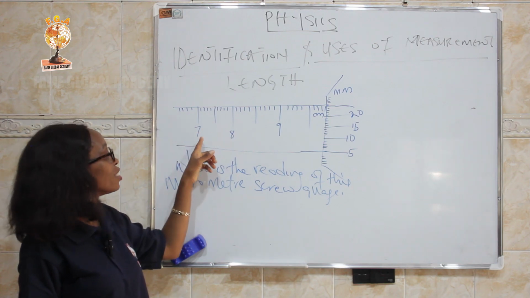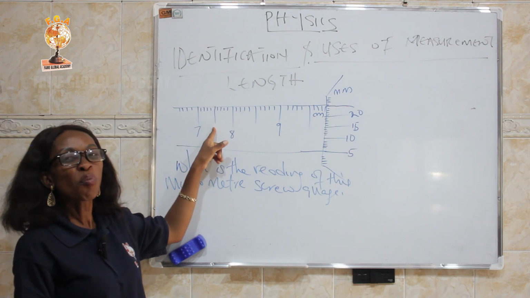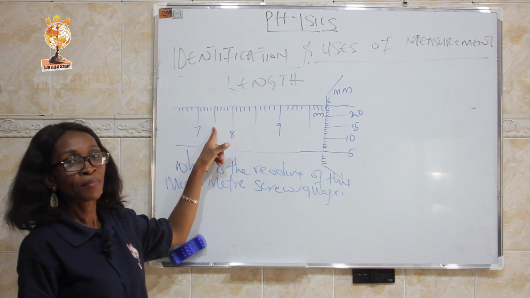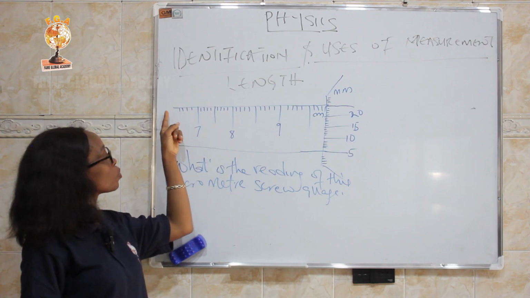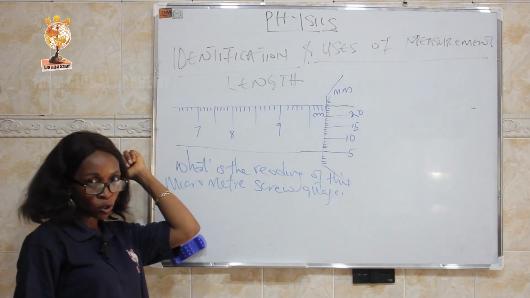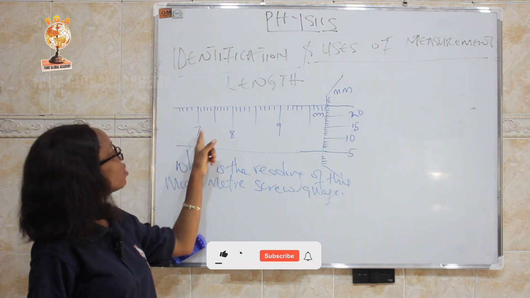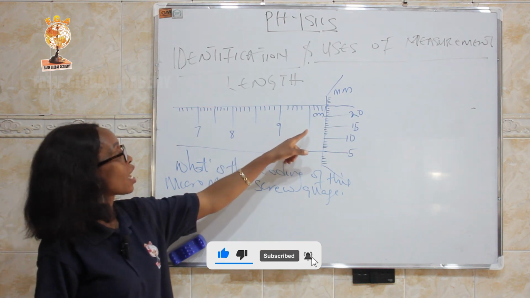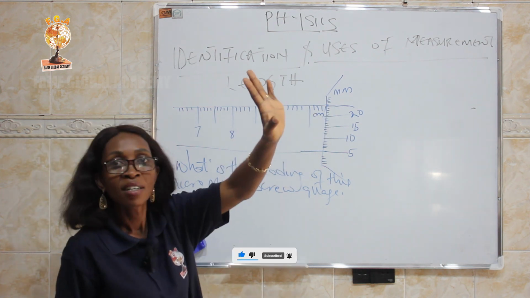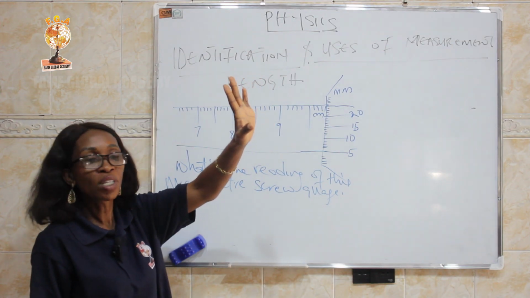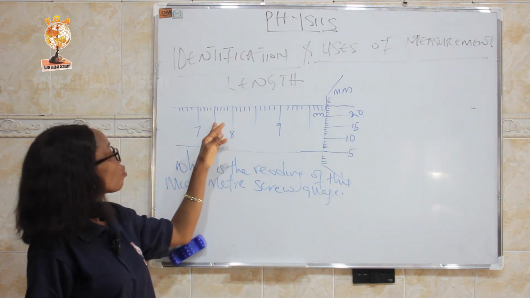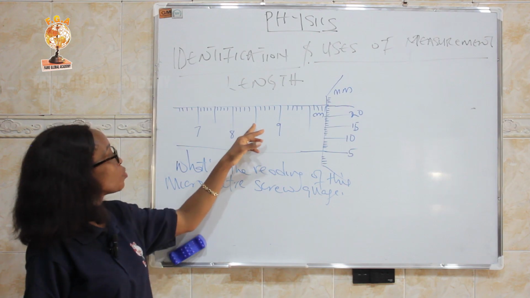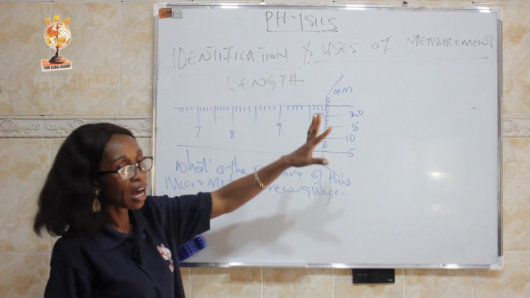If this is 7 and this is 8, it means this one is 7.5. So we have 7, 7.5, 8, 8.5, 9, 9.5, and so on.